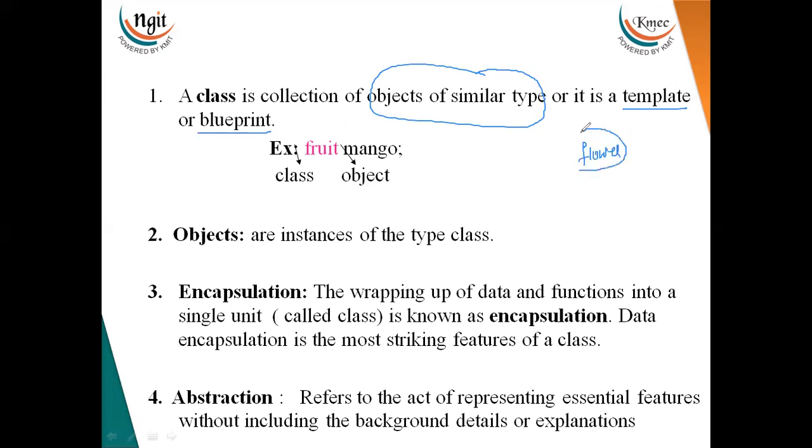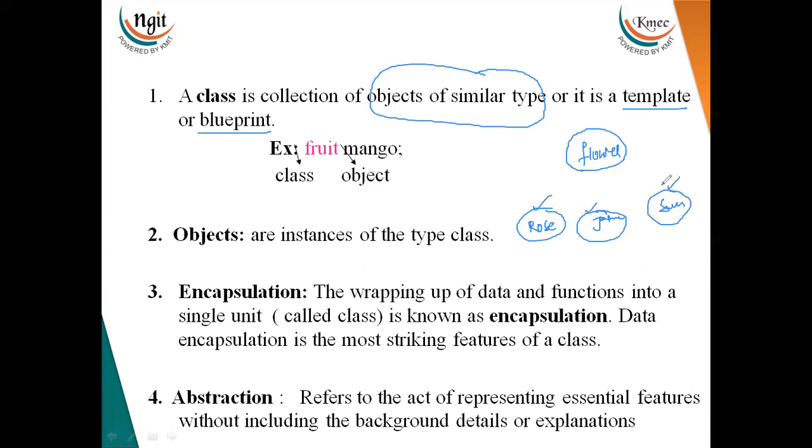It is a model which represents the different objects. Here, if you are taking the objects, rose is a flower, and jasmine is a flower, and sunflower is a flower. So these are all the objects which exist in real time. The things which exist in real time are called objects. They are the real world entities.